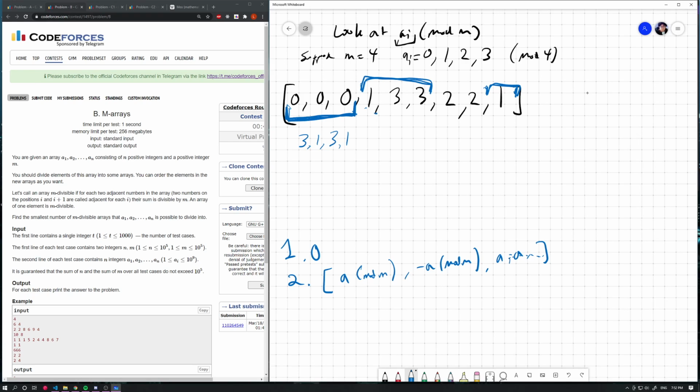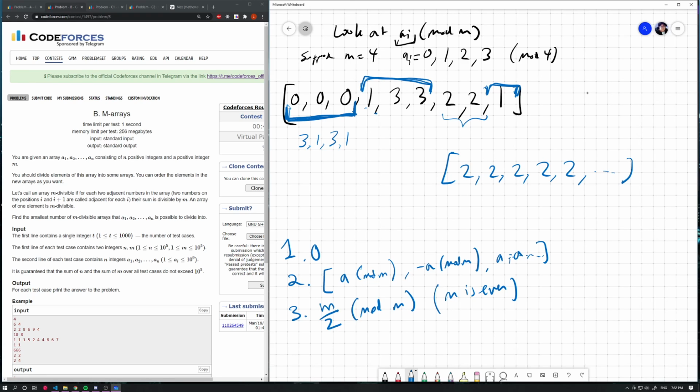Great. And then finally, this mostly works except when implementing things, you also need to keep track of these 2s. The third case is when your number is equal to m over 2 mod m, and also m is even. At that point, you can just group all the 2s together.